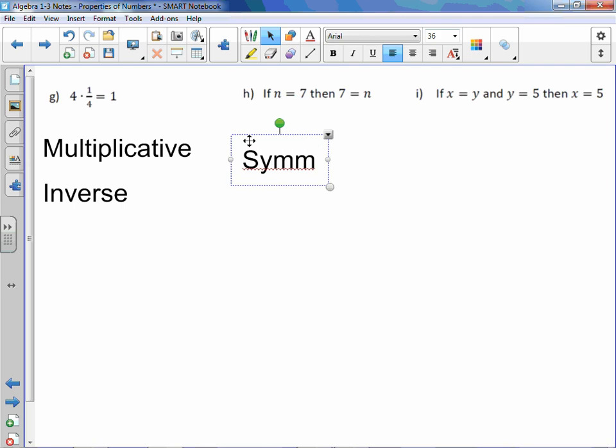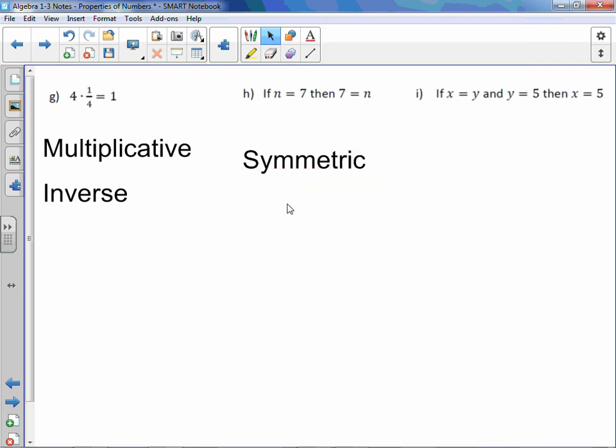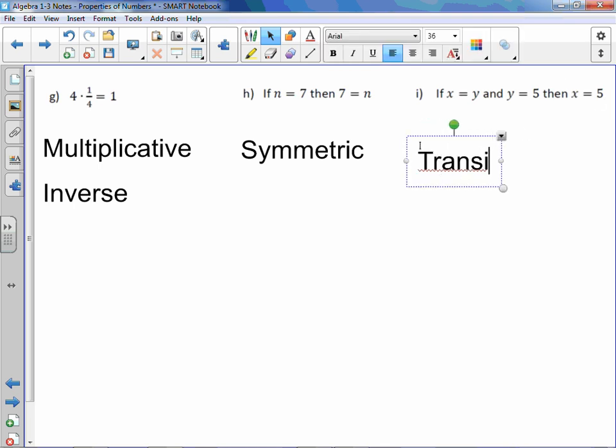That is the symmetric property. If x equals y and y equals 5, then x equals 5. That's the transitive property.